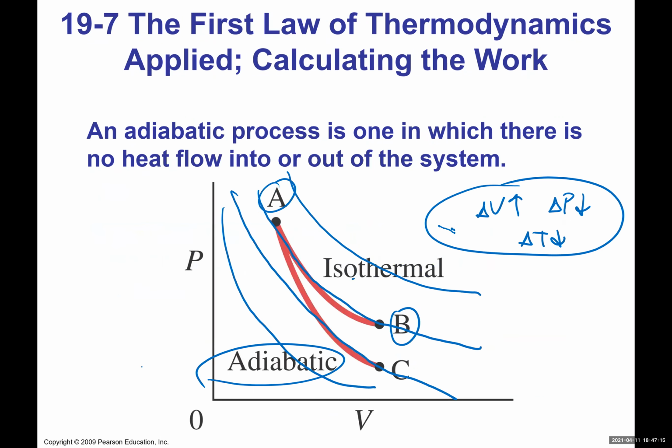So in an adiabatic process, imagine there is no hot reservoir. That means if you're decreasing the pressure, it decreases the temperature. So that's why we go from a temperature at B to a temperature at C, where the temperature at B is higher than the temperature at C. Without a hot reservoir, there is no constant temperature.